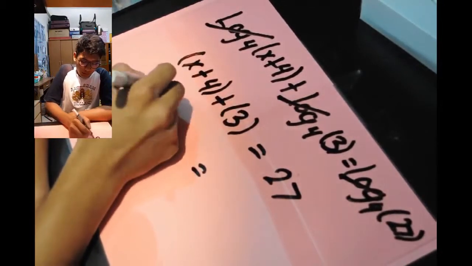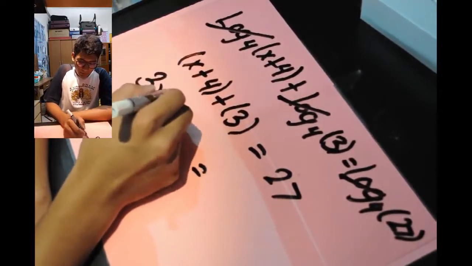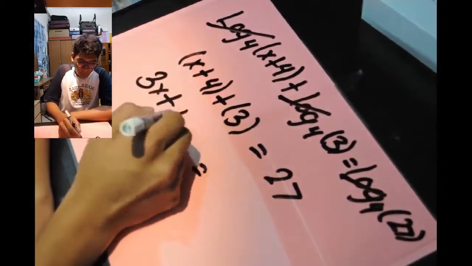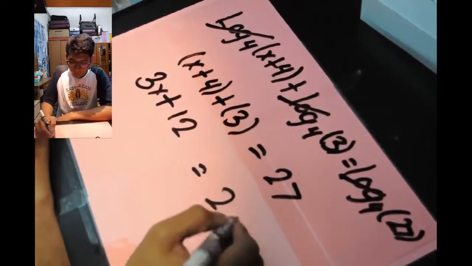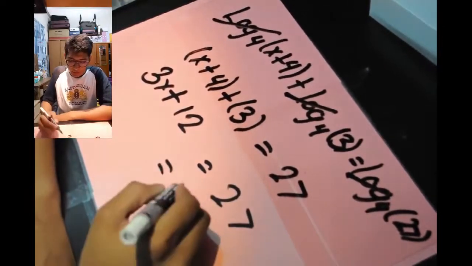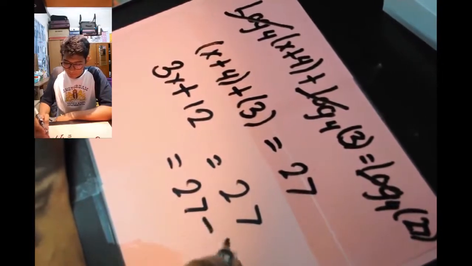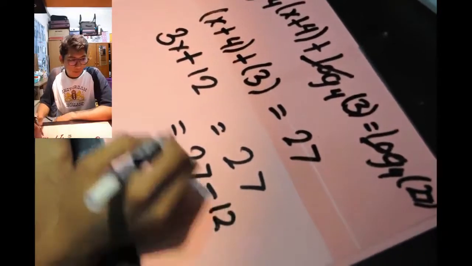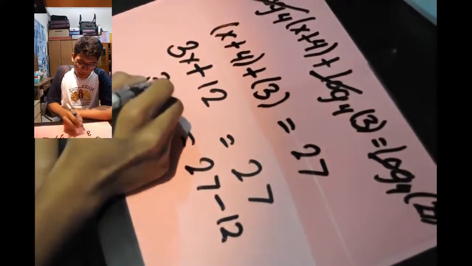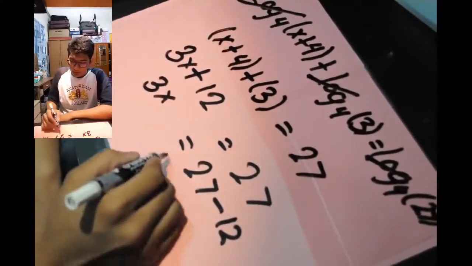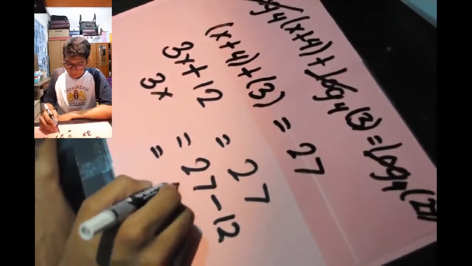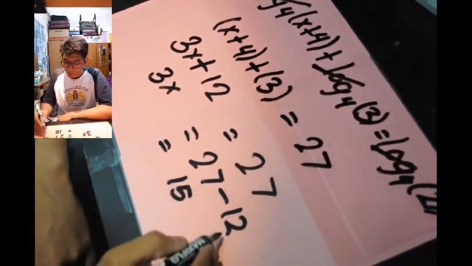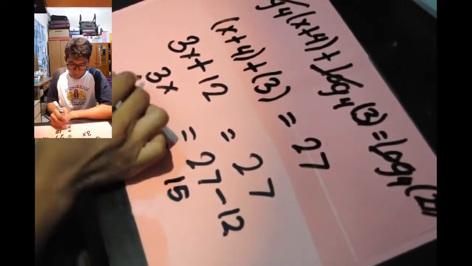So it'll be 3x plus 12. And then combine like terms. 27 minus 12, and 3x will still be there. And then that'll be 15. 27 minus 12 is equal to 15.